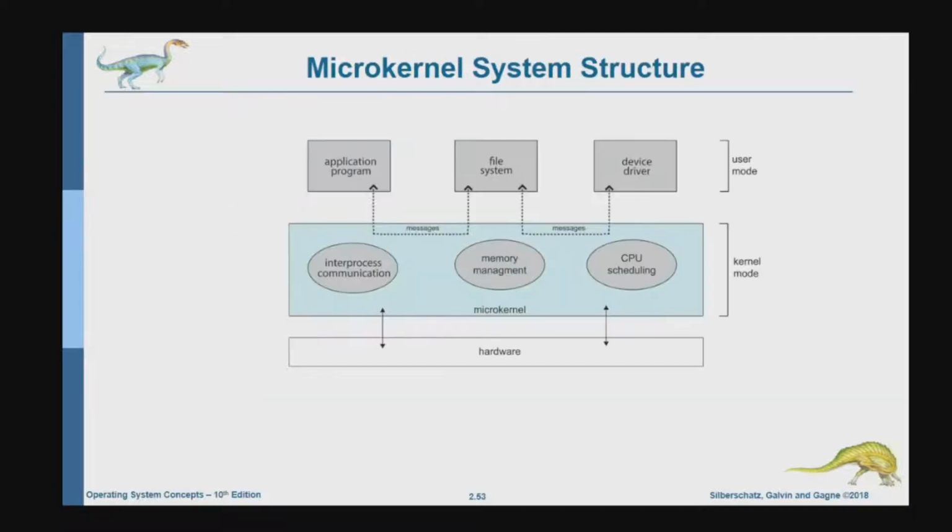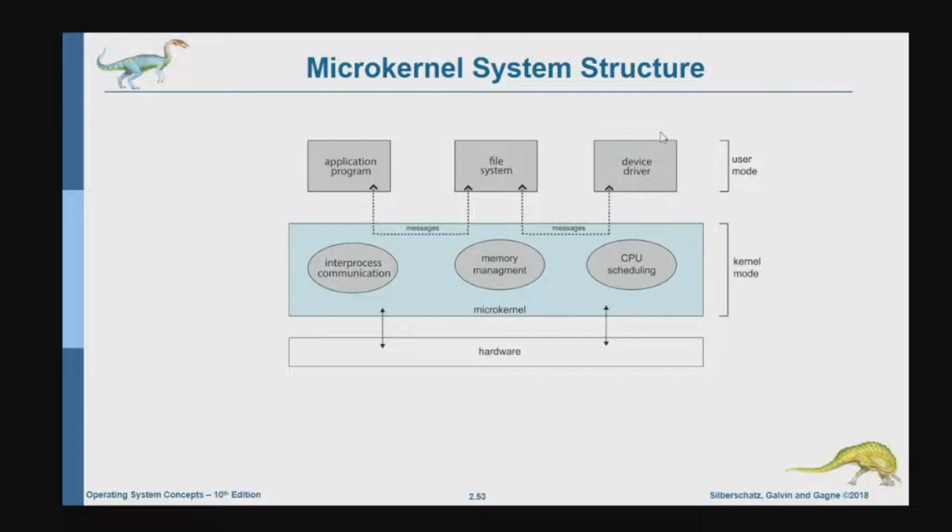Okay, so now you already know about the Linux, the Unix, the layered approach, and the microkernel, or what refers to the Mach or Darwin architecture. So in this microkernel, we have the application program. It is divided into the microkernel part, easy to extend.